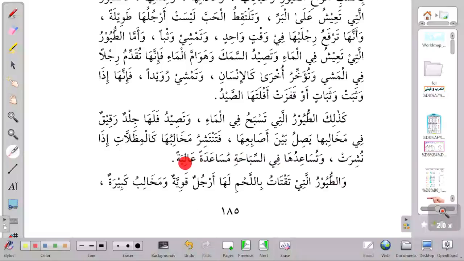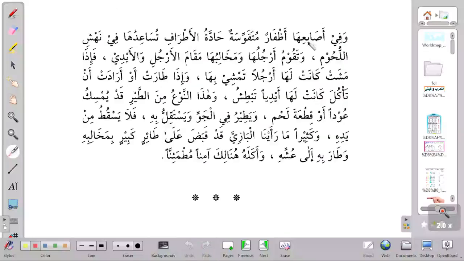وَالطُّيُورُ الَّتِي تَقْتَاتُ بِاللَّحْمِ, and the birds that feed on meat, لَهَا أَرْجُلٌ قَوِيَّةٌ, they have strong legs, وَمَخَالِبُ كَبِيرَةٌ, and big claws. Then he says وَفِي أَصَابِعِهَا أَصْفَارٌ مُتَقَوِّسَةٌ حَادَّةُ الْأَطْرَافِ.